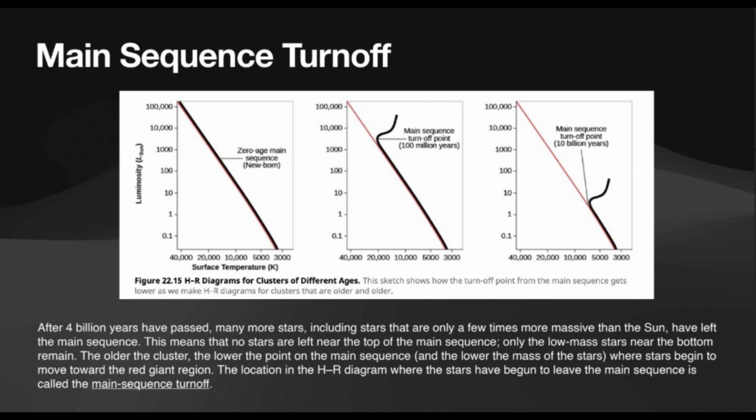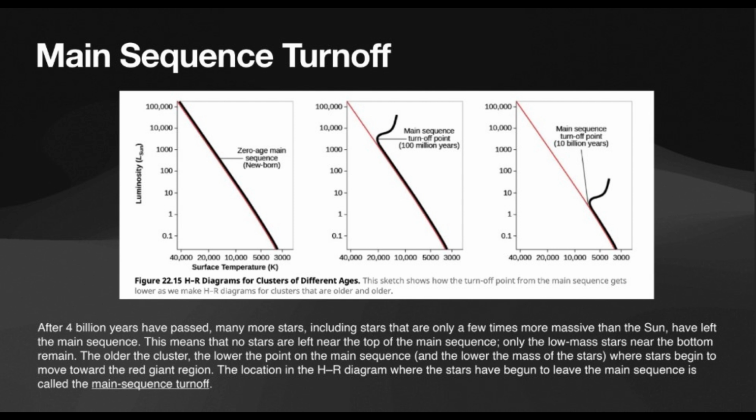This means that no stars are left near the top of the main sequence. Only the low mass stars near the bottom remain. The older the cluster, the lower the point on the main sequence, and the lower the mass of the stars where stars begin to move toward the red giant region.